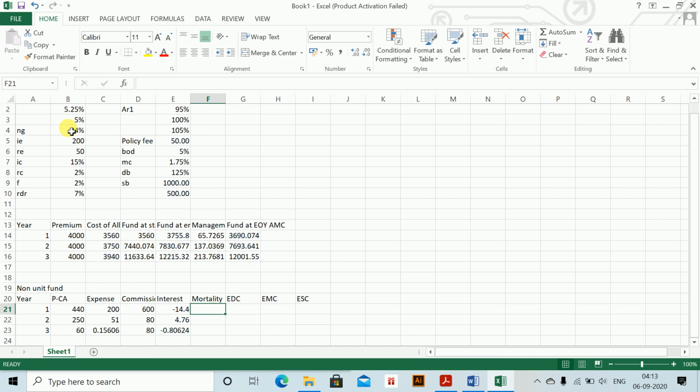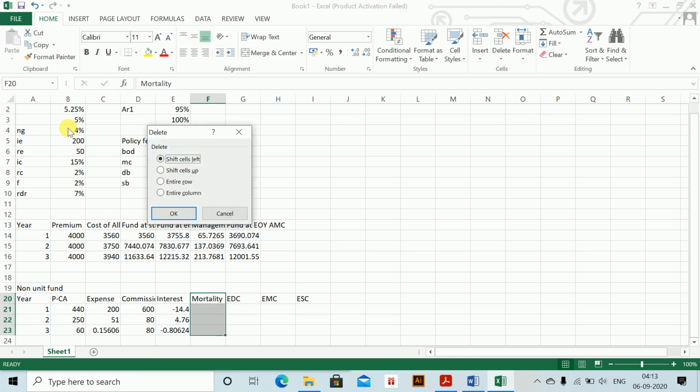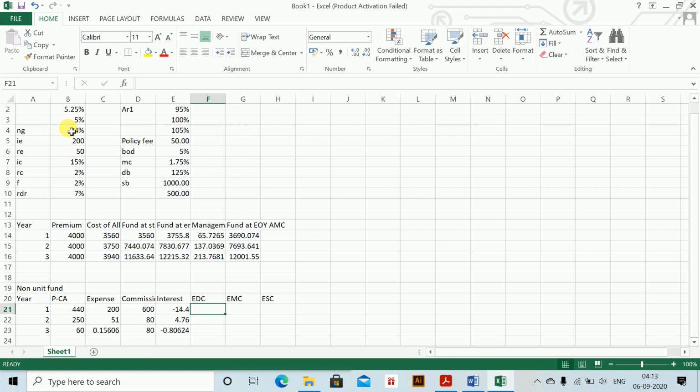We need to take out from the tables. Currently I am just showing you how I will do it. I'm not taking the values from the tables, I'm just writing the values: 1.11, 2.9.